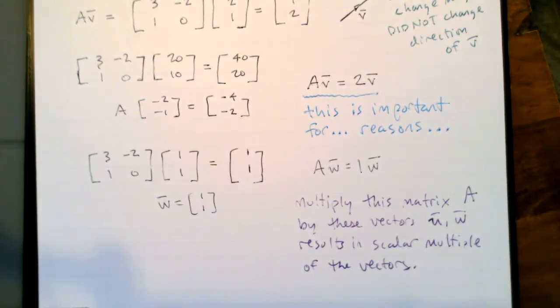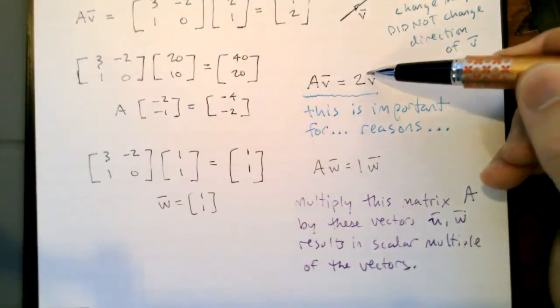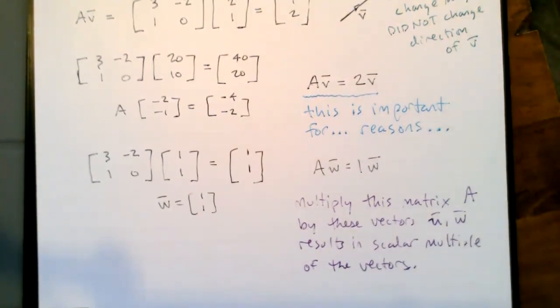There is a special relationship between this matrix and these two vectors and the scalars 2 and 1 that go with each of these vectors.